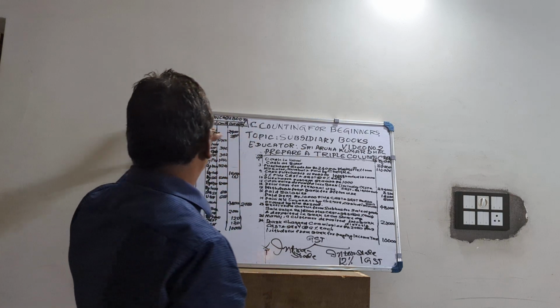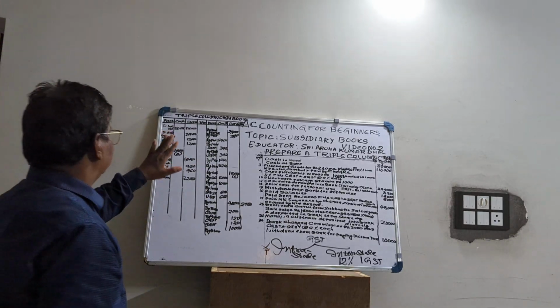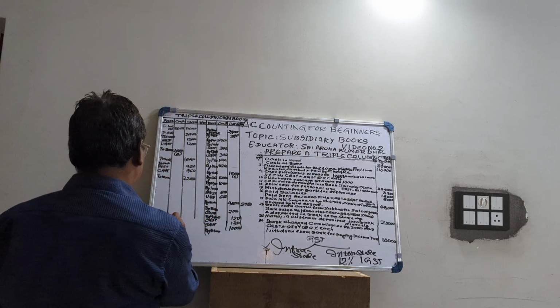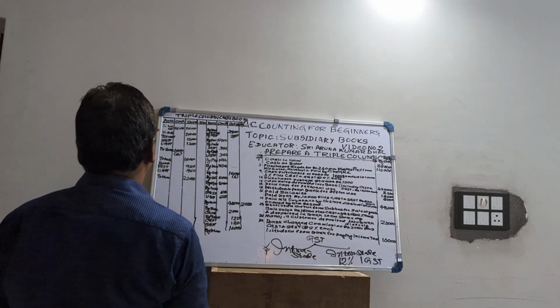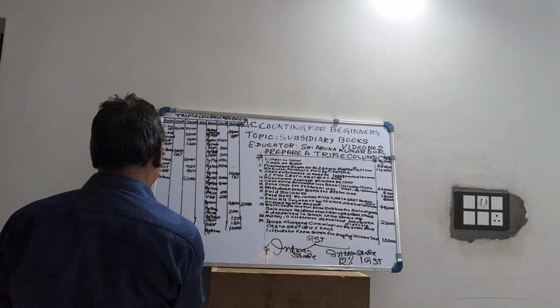After posting these transactions in the triple column cash book, we have to balance the cash column, bank column and discount column. Here you see in the cash column the debit total is 81,600.